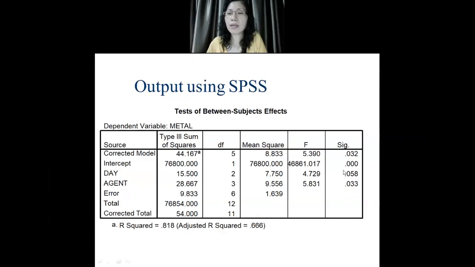If you look at the significance, 0.058 and 0.033, this one is bigger than alpha, so it shows there is no significant difference among the days. This one is less than alpha, so we say there is a significant difference among the chelating agents in terms of the efficiency.